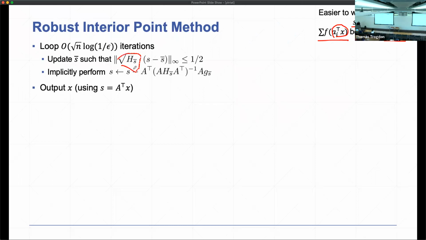Remember, H is a diagonal matrix, so this is just some scaling of S. But the crucial thing is we are finding some S bar that is a multiplicative approximation of S. We compute the gradient and Hessian there, and then we use that gradient and Hessian to do our step. Here you notice this formula depends on S bar instead of S. So this is the new method.